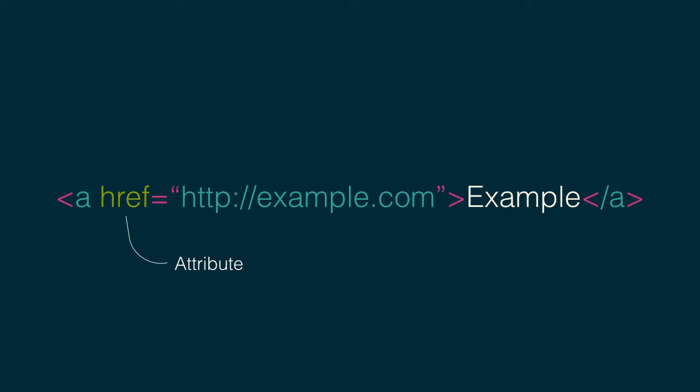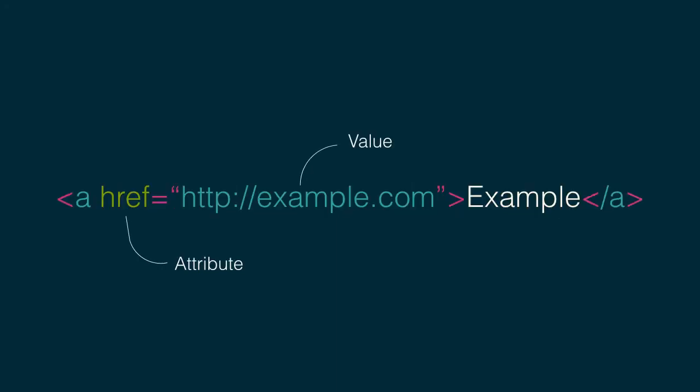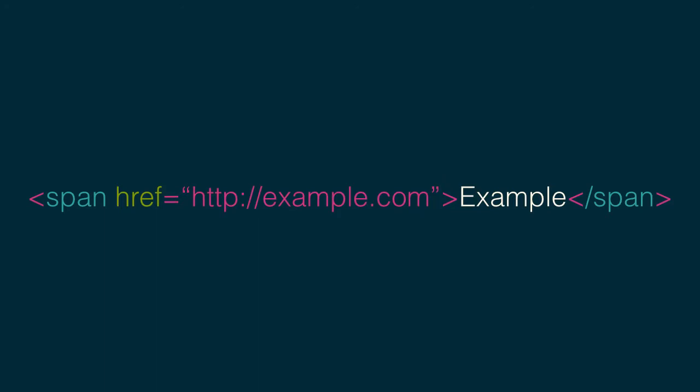The tag, there's an href, there's the value, so it kind of leads you to think, well, could I do something like this? Like, could I make a span tag with an href, and does that take me to example.com? And the answer is no.